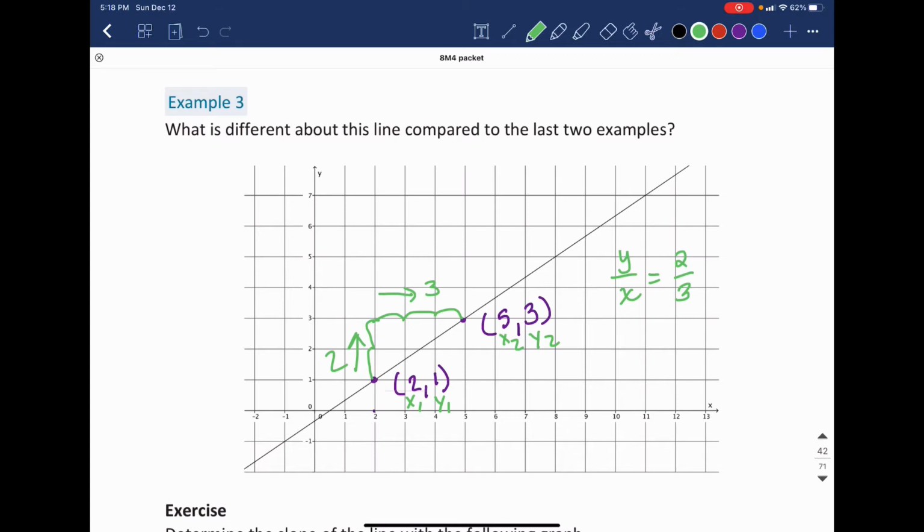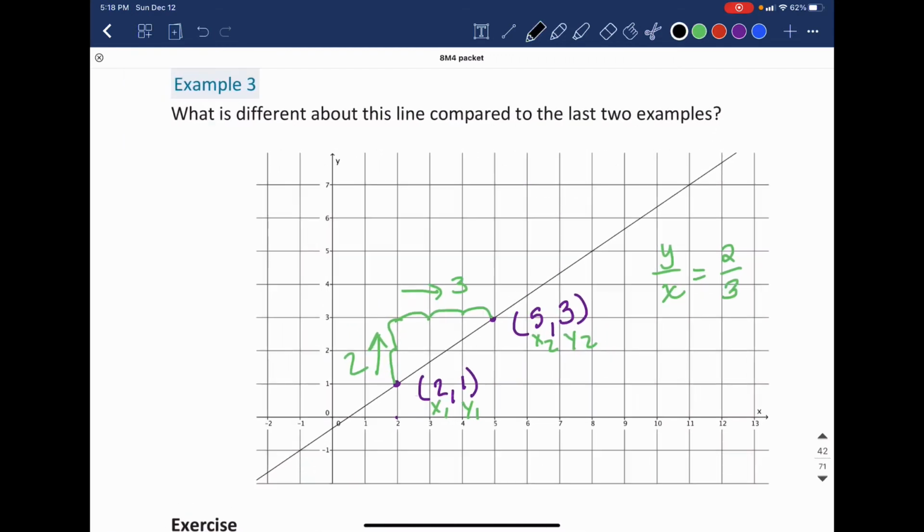Let's make sure we have that right by using the slope formula. So my slope formula is y2 minus y1 over x2 minus x1. So I'll have 3 minus 1 over 5 minus 2. 3 minus 1 is 2, 5 minus 2 is 3.